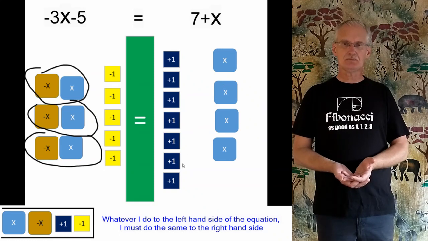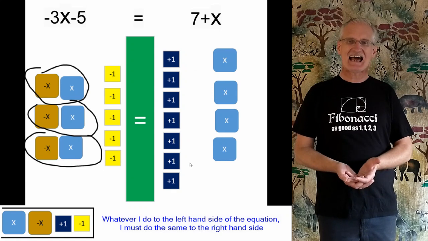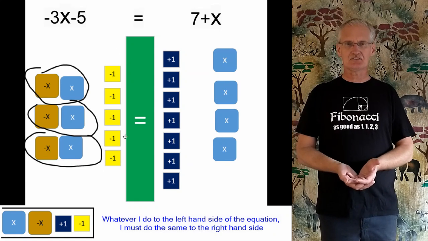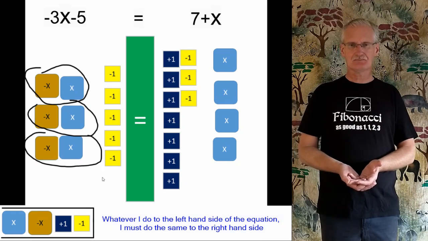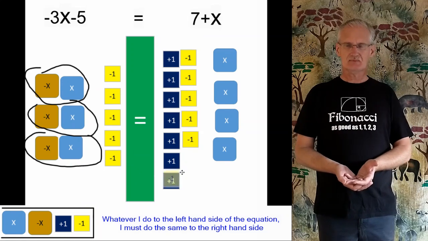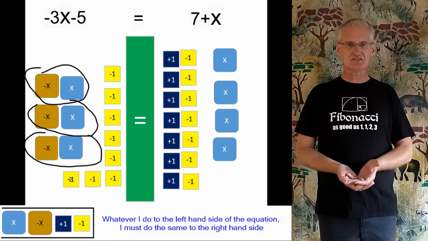Well, I can't take away the plus 1, so what I'm going to do, I'm going to create some more 0 pairs by adding -1s. I need to add 7 -1s. So there they are on the right-hand side. And now I need to add 7 -1s onto the left-hand side.